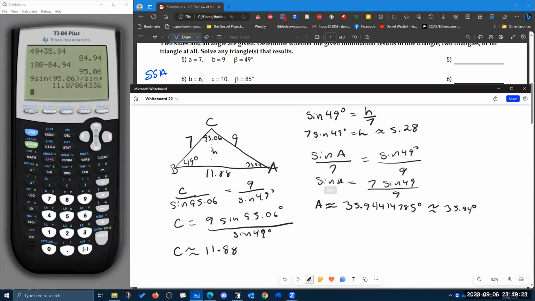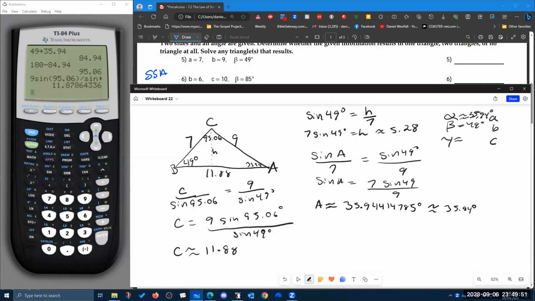Coming back to our list here: alpha, beta, gamma, a, b, c. We found alpha to be about 35.94 degrees, and beta was given at 49 degrees exactly.